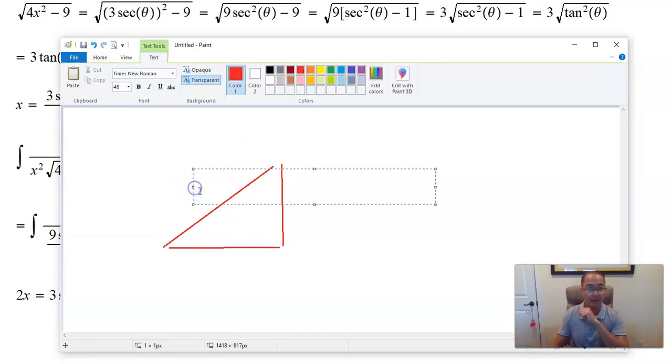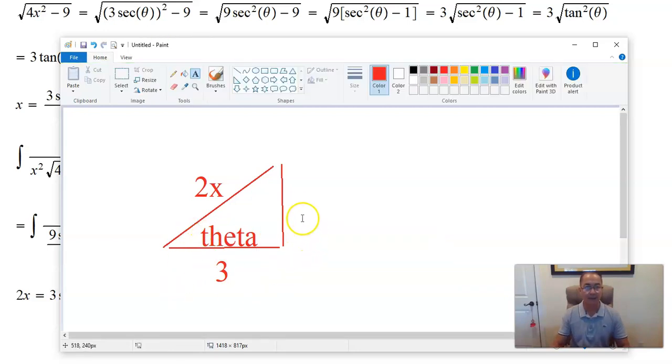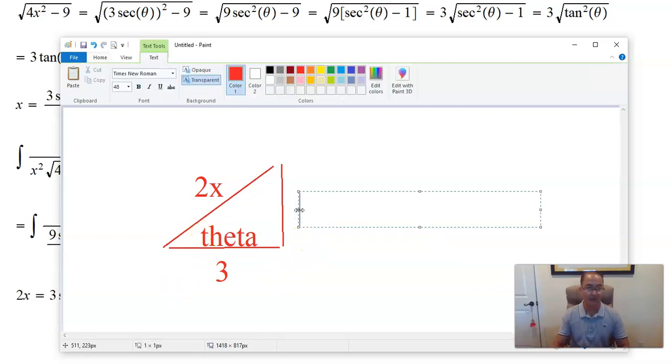The hypotenuse is 2x, and the adjacent is 3. And of course, this is our angle theta. Okay, so I'm just going to write theta. Okay, so on the opposite, we need to complete the triangle.